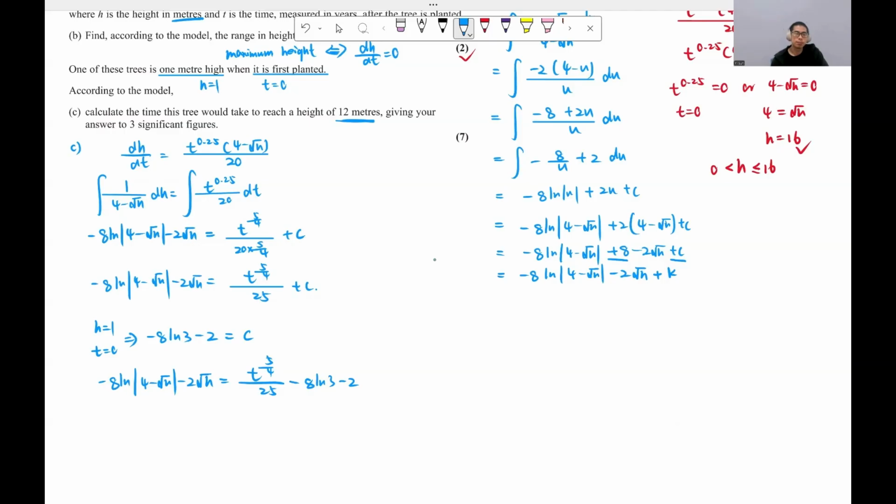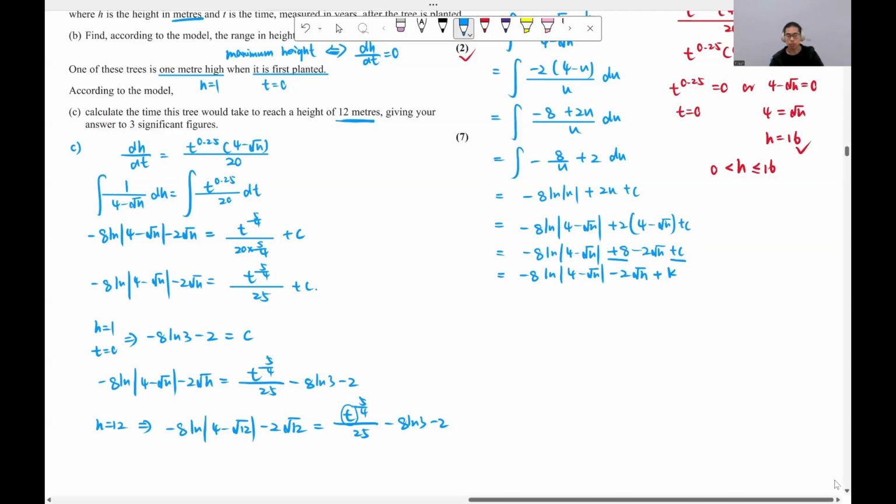Now we work out the time this tree would take to reach a height of 12 meters. So we just let h equal 12 and substitute in. So -8 ln (4 minus root 12) minus 2 root 12 equal to t to the power 5/4 divided by 25, minus 8 ln 3, minus 2. This is the only term containing a variable, t, which we don't know, and that's what we are trying to work out.